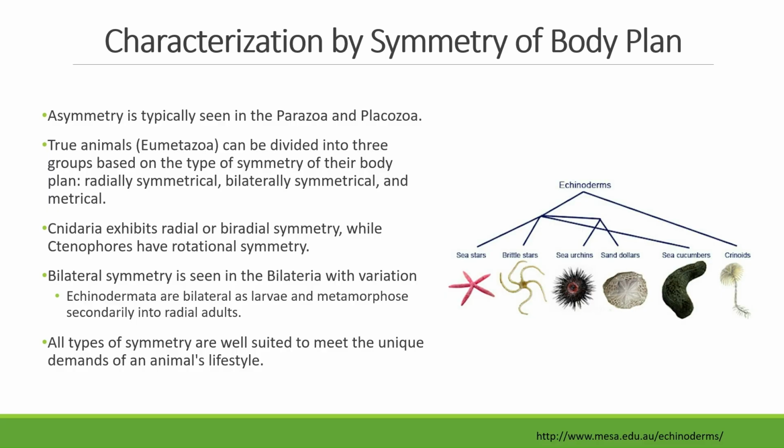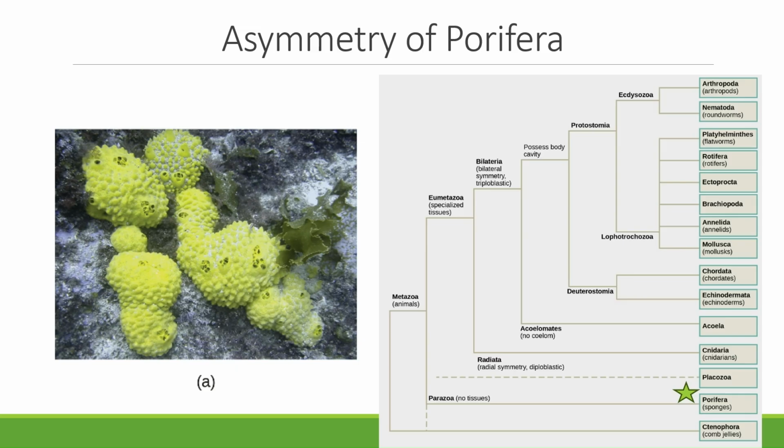Now, with that said, let's go ahead and begin with the asymmetry of porifera. The image on this slide shows an example of a sponge, and you can see the asymmetrical nature of these animals. Sponges have no consistent plane that can divide the body into mirror images. And this lack of symmetry matches the simple organization of parazoa.